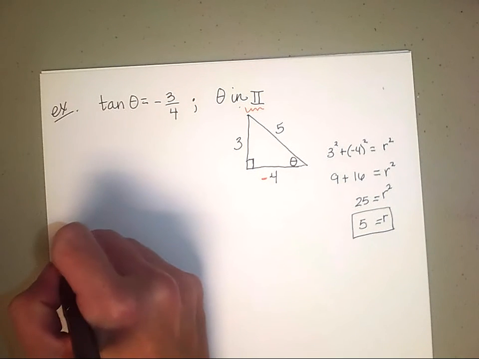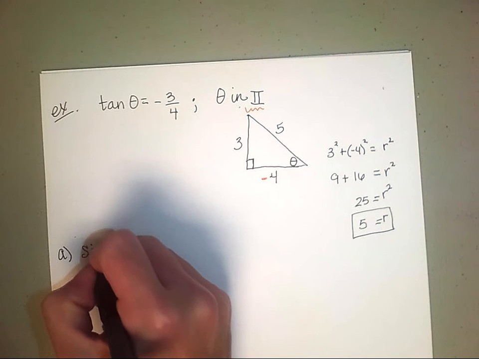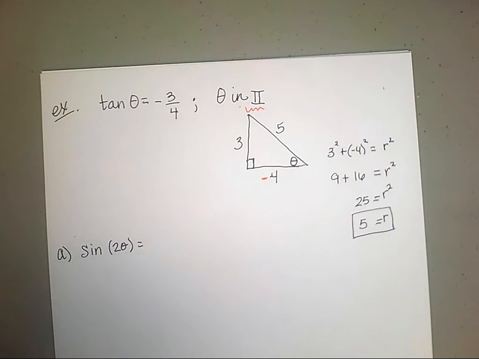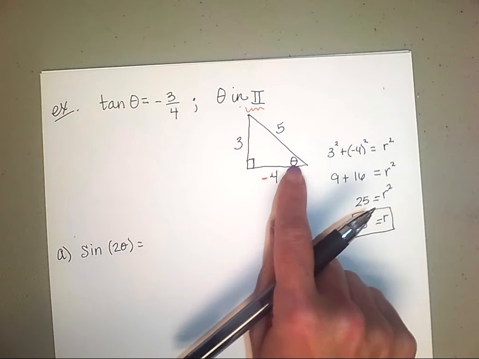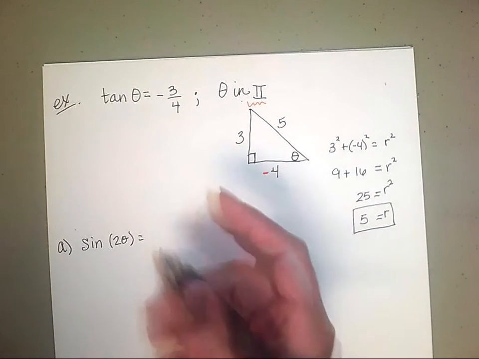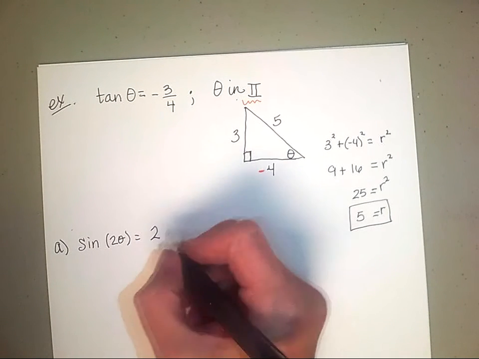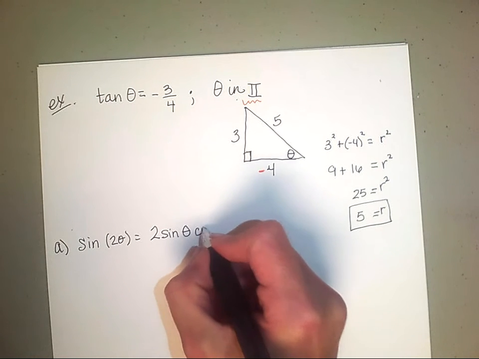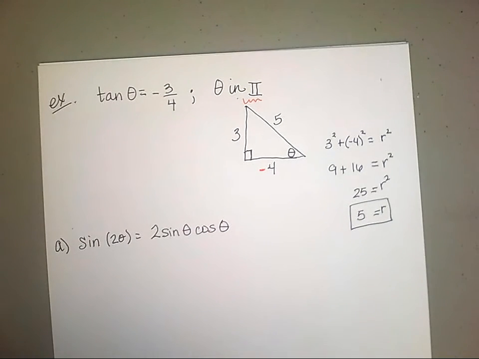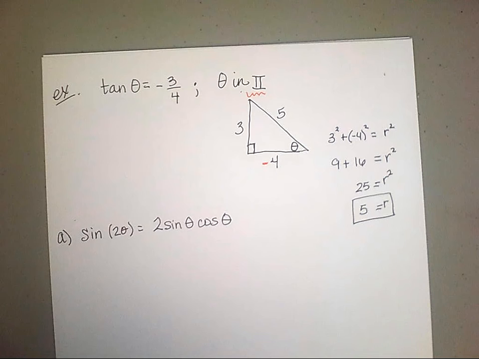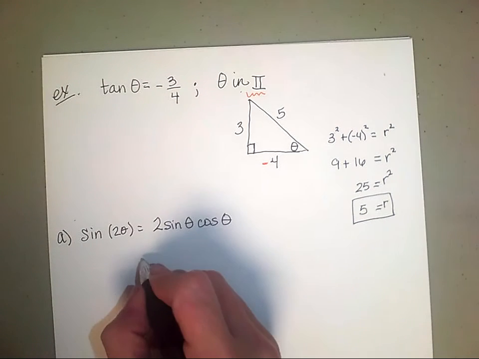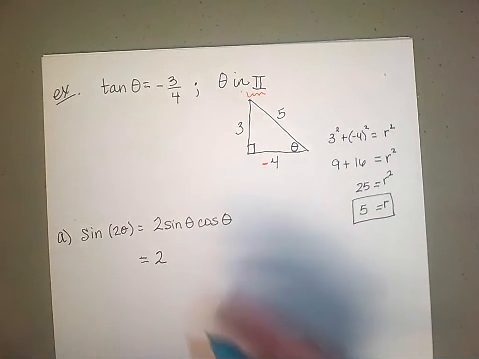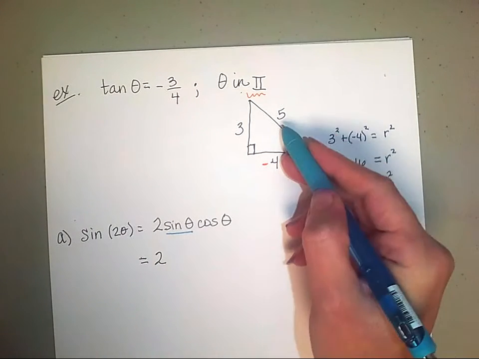Alright, now let's find the sine of 2 theta. So the sine of the double angle, well, we have a rectangle that represents the single angle, and we know that we can write the sine of 2 theta in terms of the single angle as 2 sine theta, cosine theta. So now we can just fill in 2 times the sine of theta, okay? Well, the sine of theta, we can read from here.